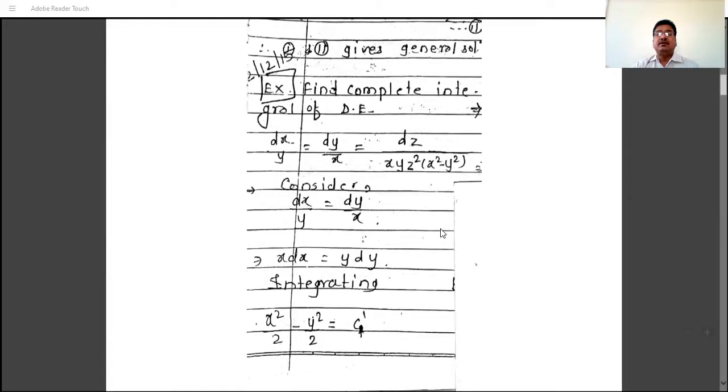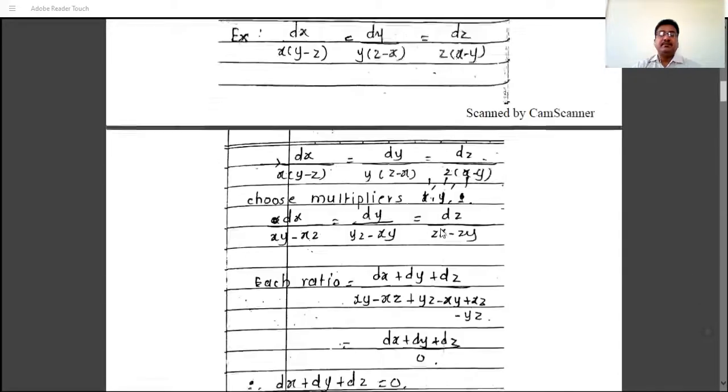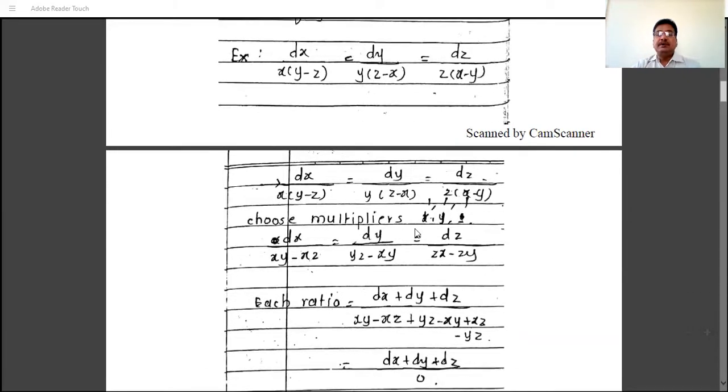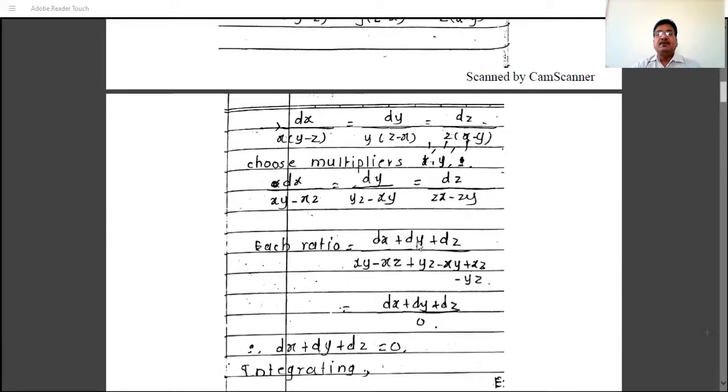The example is dx divided by x(y minus z), dy divided by y(z minus x), dz divided by z(x minus y). So choose multipliers 1, 1 and 1. If we choose multipliers 1, 1, 1, then what happens?